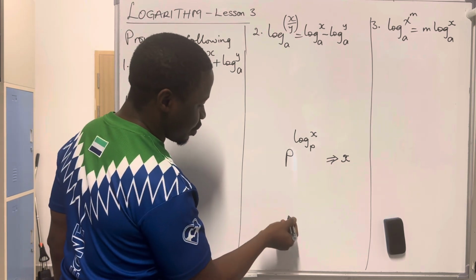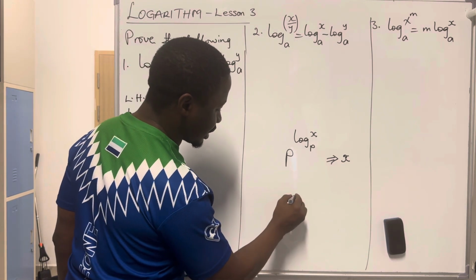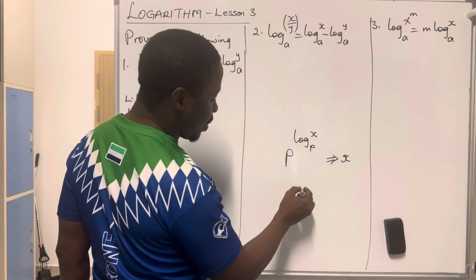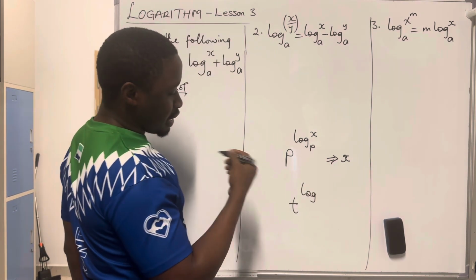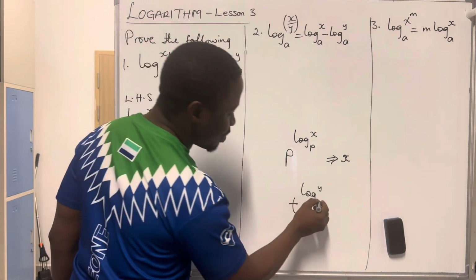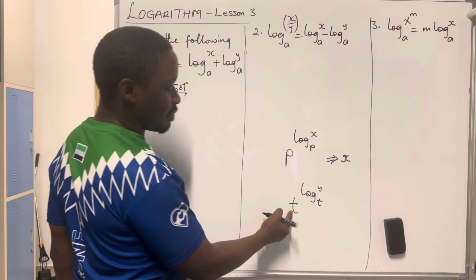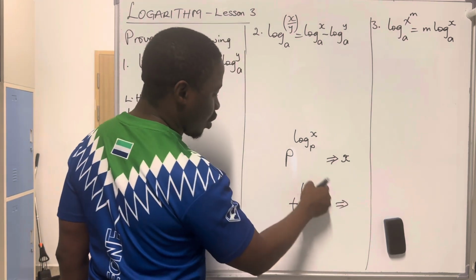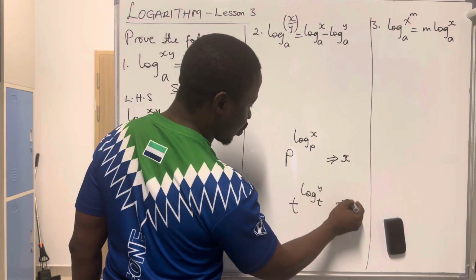Now let's say again, we have t raised to a power, but the power is a log. This log has a value, a number, and a base, but the base is the same as the original base here. When this happens, what is all of this equal to? It is equal to this y.